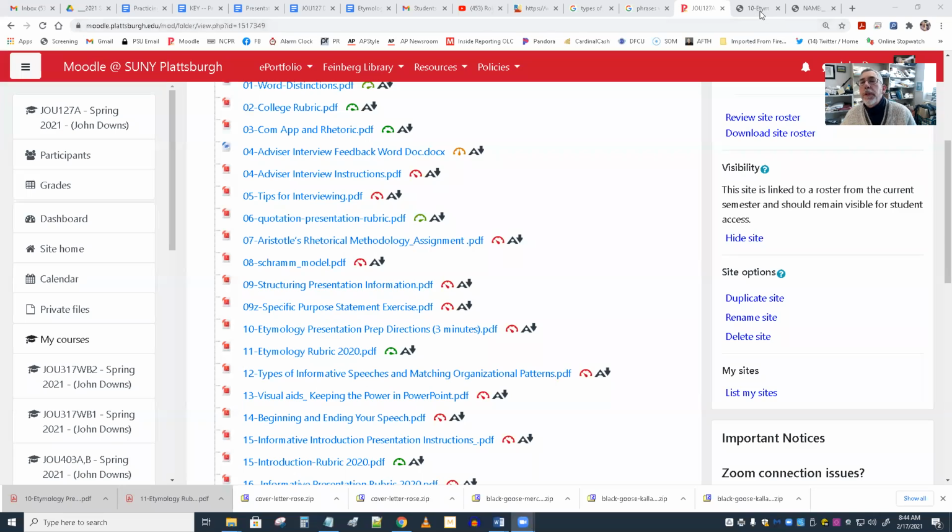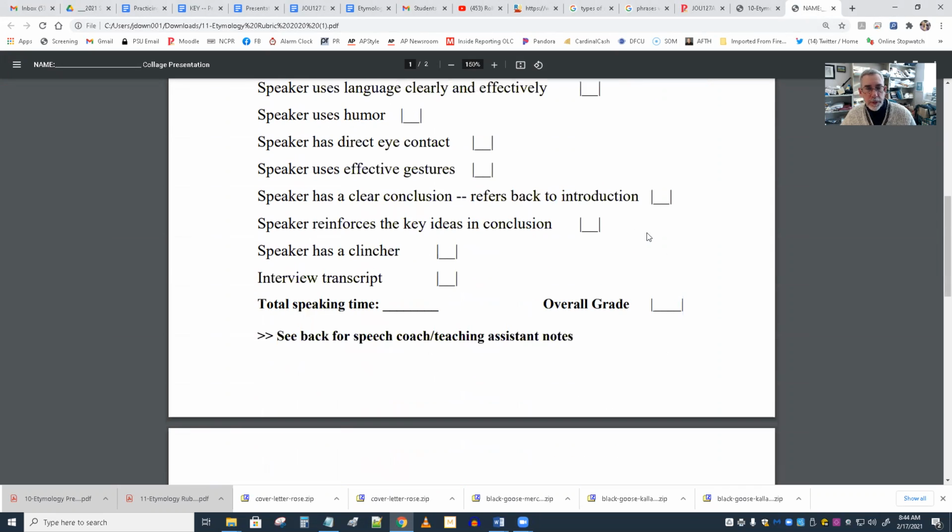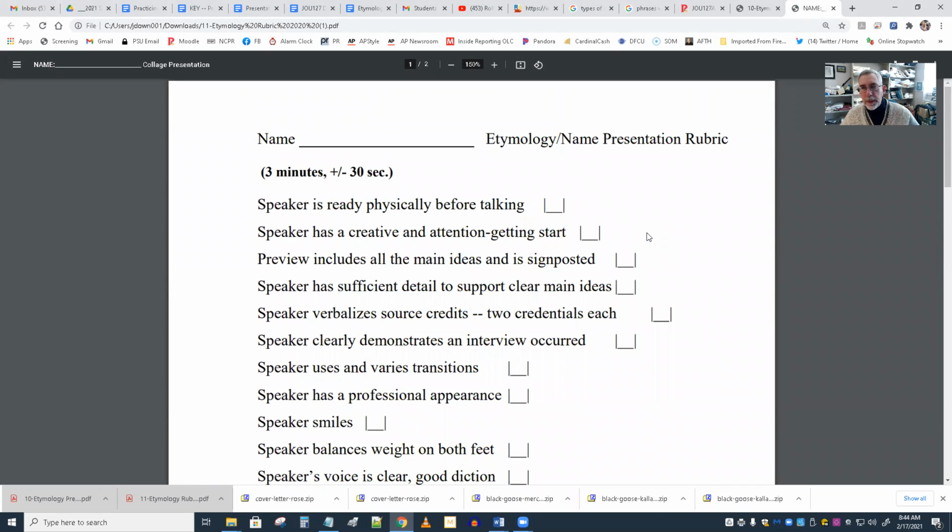Let me show you the handout and tell you what you're going to have to do. I'm going to share my screen again. First of all, yes, there is a rubric which is in your packet, and you can see it's there also, as usual, in the handouts.